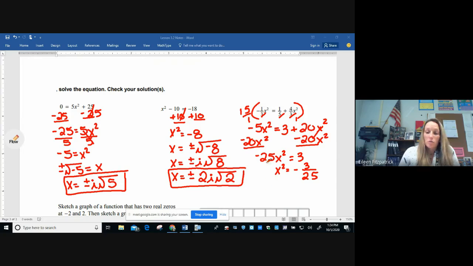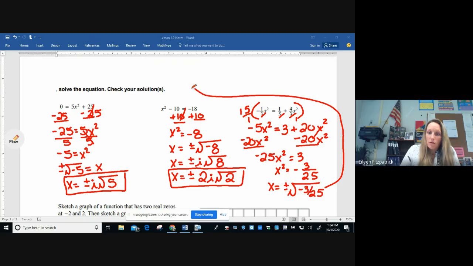Now you're going to do the square root of both sides, so x is equal to plus minus the square root of negative 3 over 25. I have to bring this up here because I'm running out of room. All right, so then I have x is equal to plus minus i square root of 3 over 25.